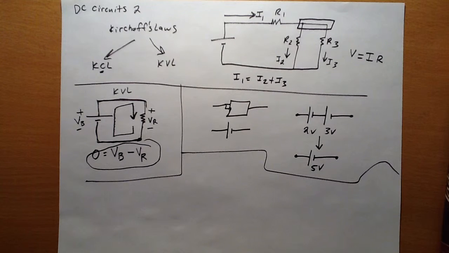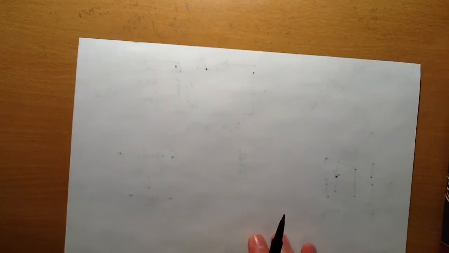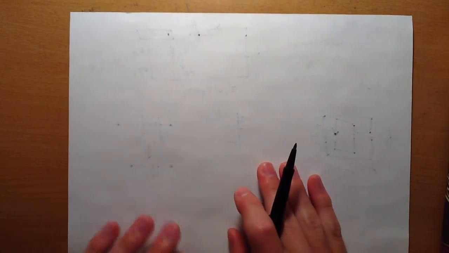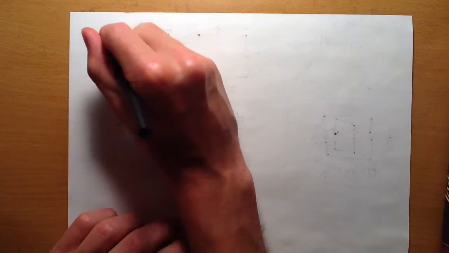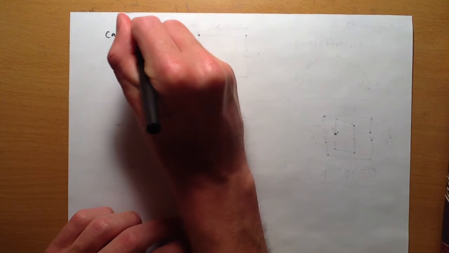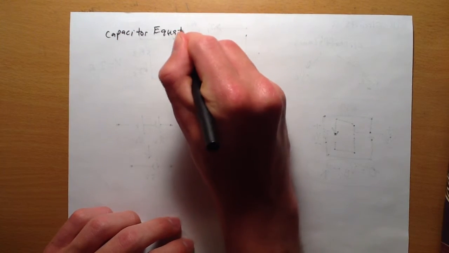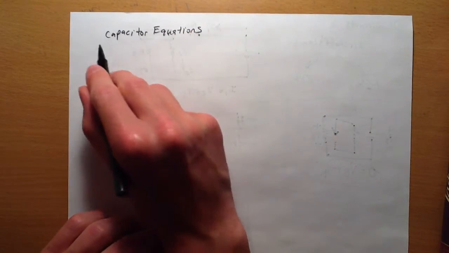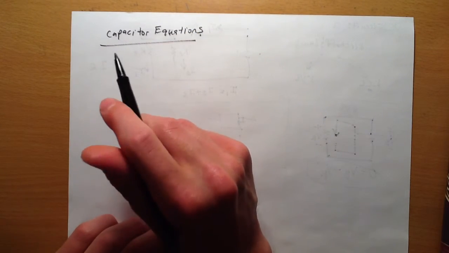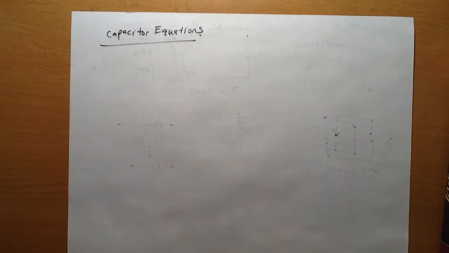So, we have capacitors. We talked about that in an earlier section. And there are all these different equations for capacitors. So we're going to talk about the capacitor equations. Okay. So we know that capacitors hold charge.